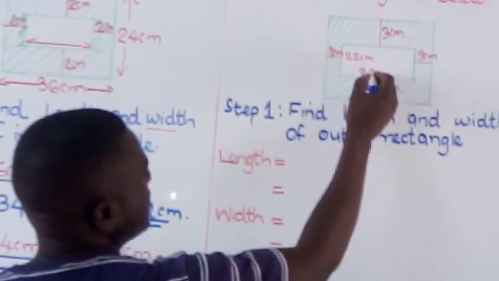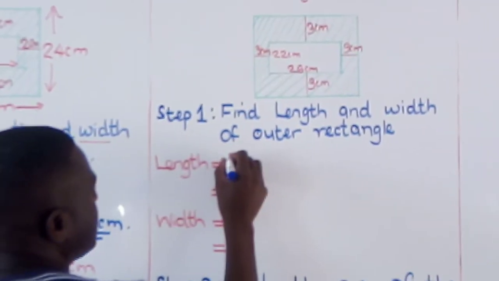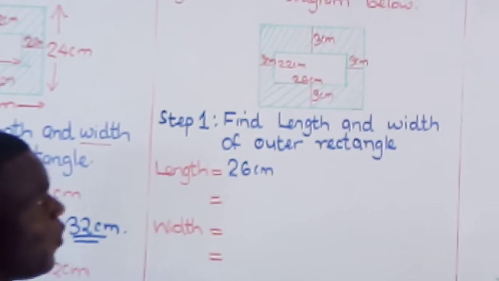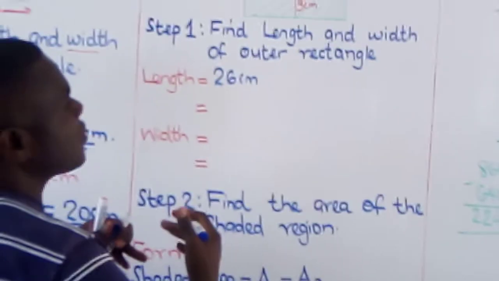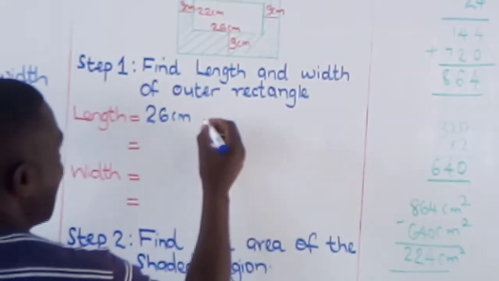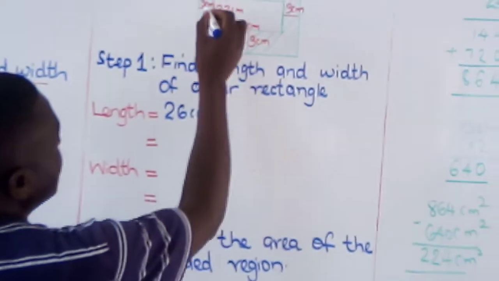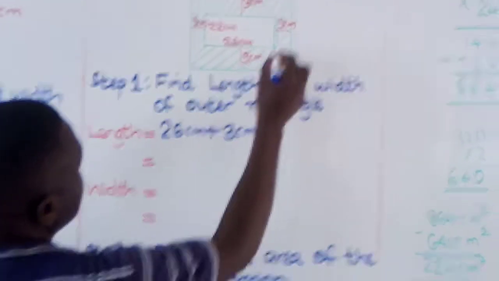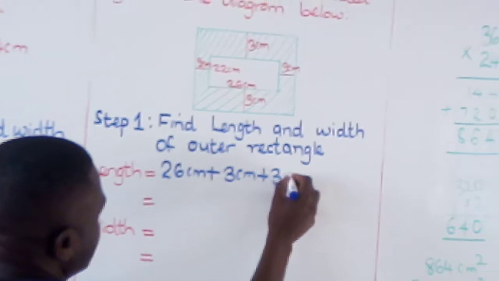We have 26 as the length of the inner rectangle, 26 centimeters. Now, because the length is increased and becomes larger, we add 3 centimeters, and these are the 3 centimeters.